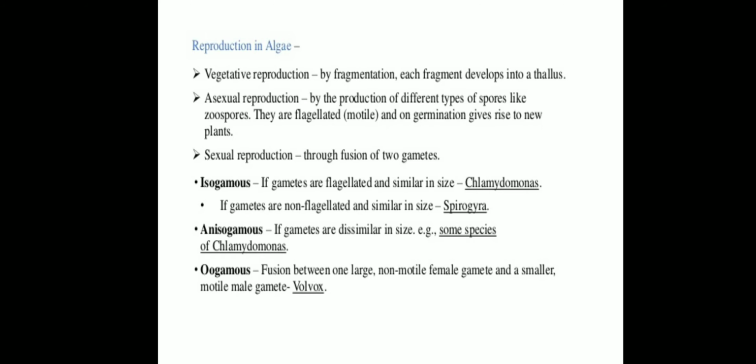Anisogamous, if gametes are dissimilar in size, example some species of Chlamydomonas. And the third type is oogamous, in which fusion between one large non-motile female gamete and a smaller motile male gamete takes place. The example of such algae is Volvox.